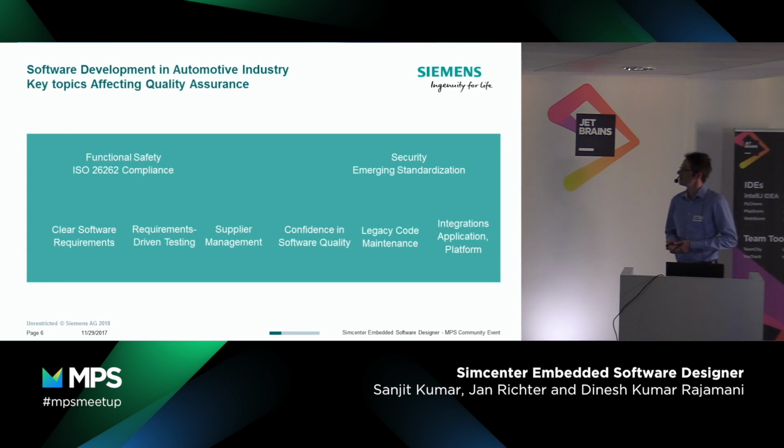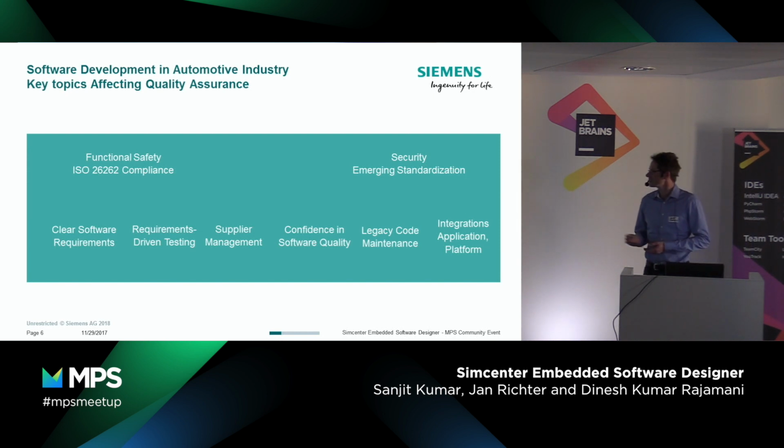When we talk about quality assurance, it is very important for functional safety, which is even standardized, but also for security. If you think of the communication mechanisms, their standardization is not quite there yet, but things are moving.